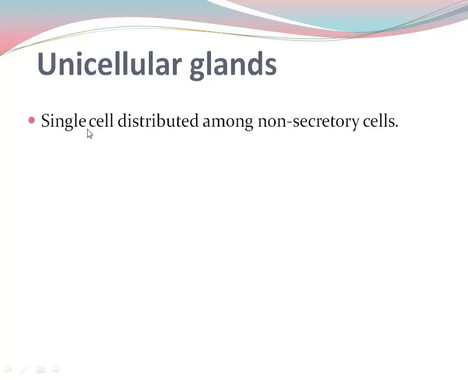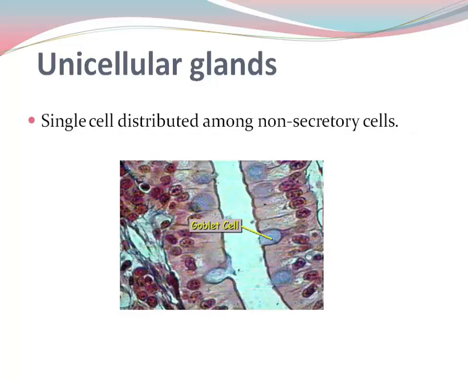Now, in unicellular glands, a single cell is distributed among non-secretory cells. The example is goblet cells. We have seen the histology of the trachea, the windpipe in the respiratory system, where the epithelial layer has mucus secretion.